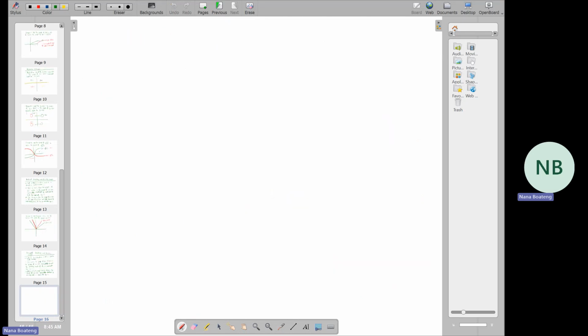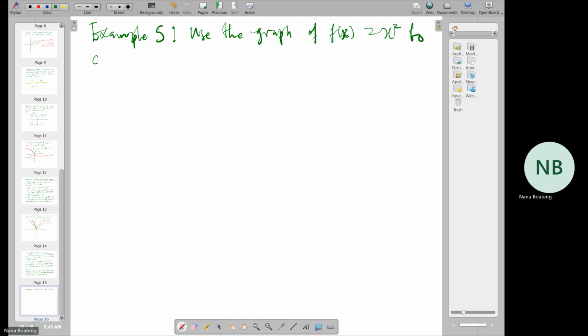So this will be our fifth example. So this is example 5. So it says use the graph of f of x equal to x squared to obtain the graph of g of x.